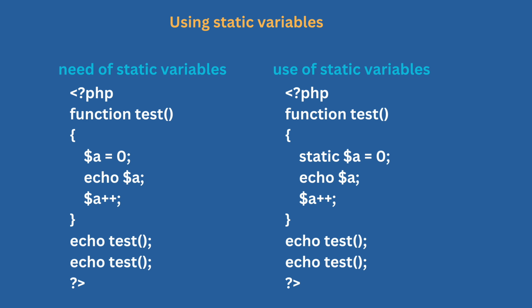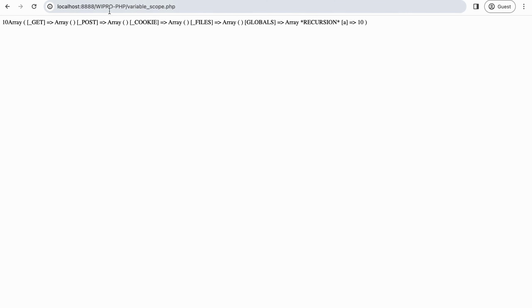Now another example of variable scope is static variables. Anybody know what a static variable is? Let me give you one example.